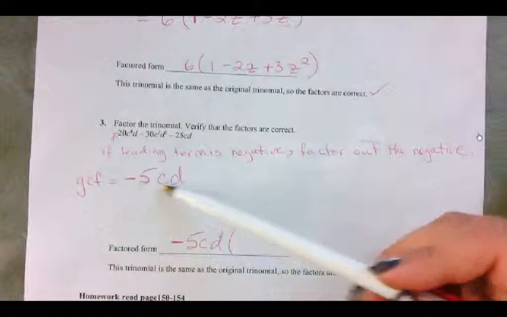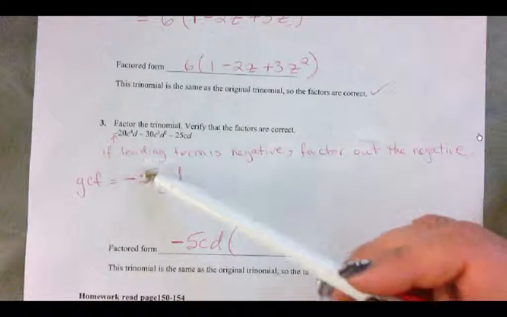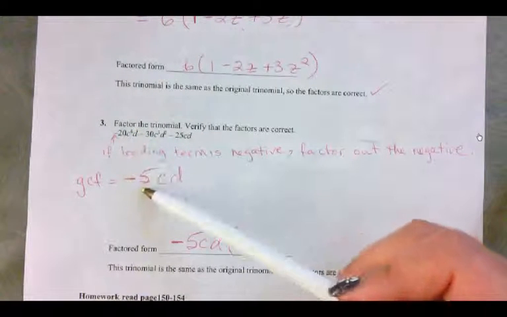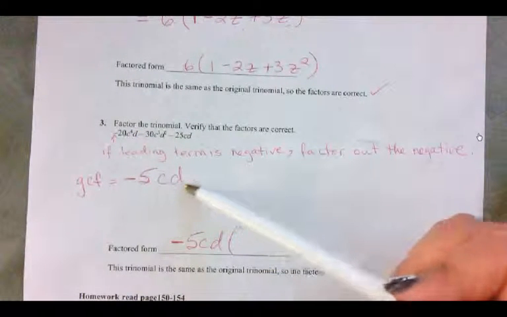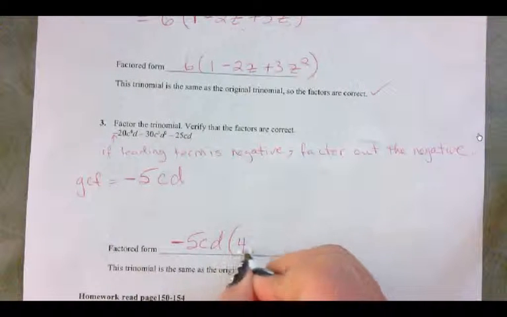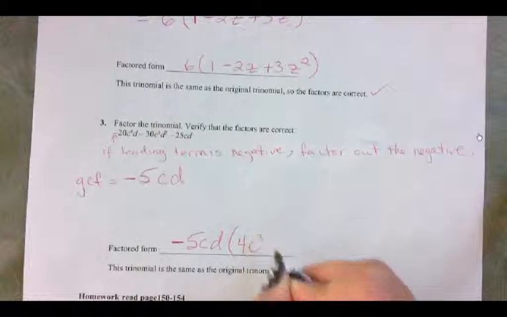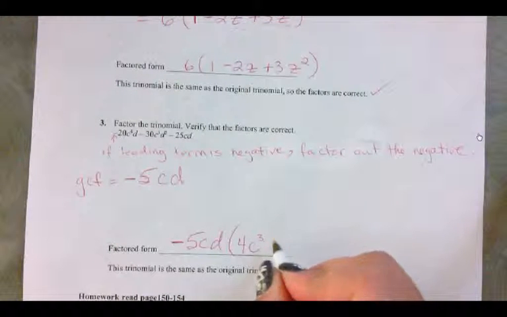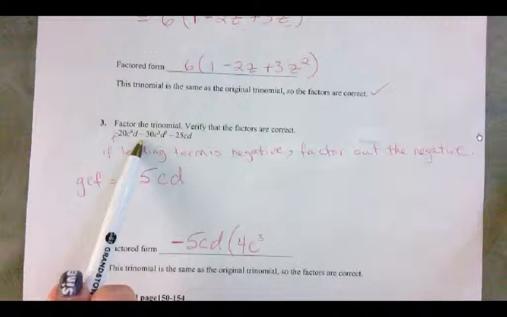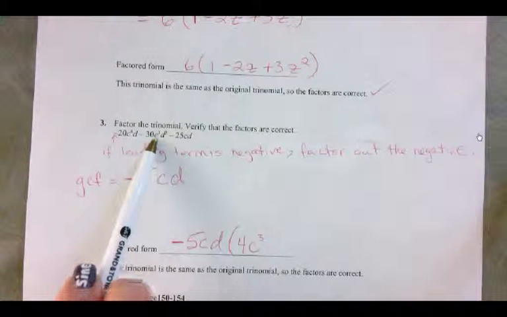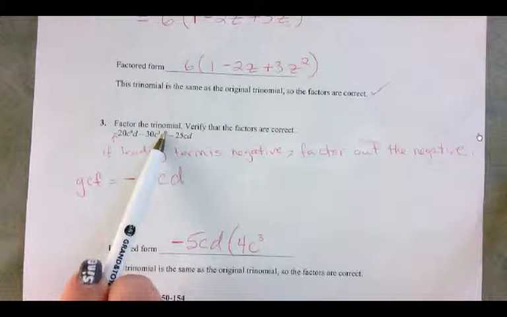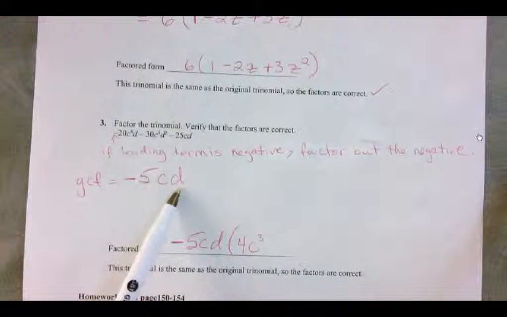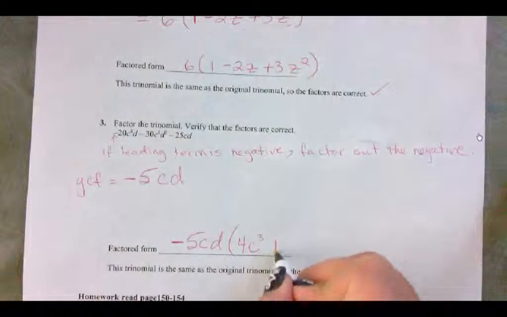So what's negative 20C to the power of 4D divided by negative 5CD? 4C cubed. All right. And now how about negative 30C cubed D squared divided by negative 5CD? Positive.